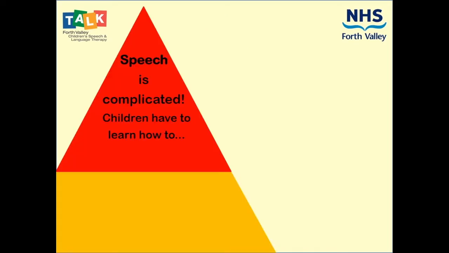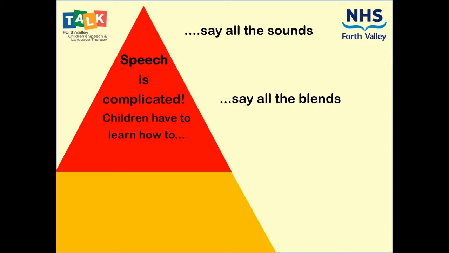Although it's something we take for granted, speech is complicated. Children have to learn to say all the sounds, to say all the blends, and then to join them into words. And for lots of children, that can be difficult, and it might mean their speech is not always easy to understand. It can be helpful to think of it as children sometimes simplifying things to make it a bit easier.